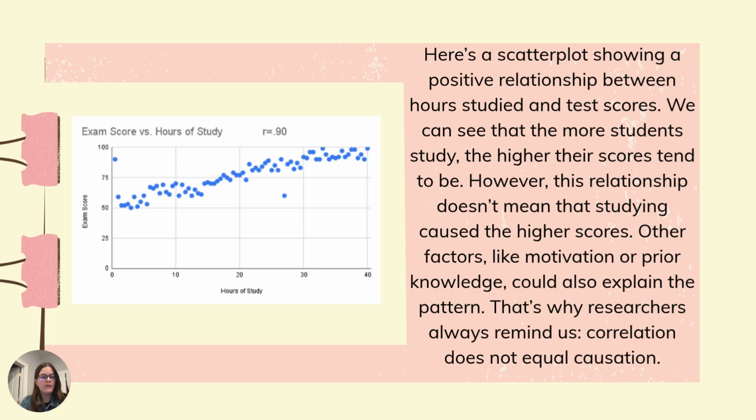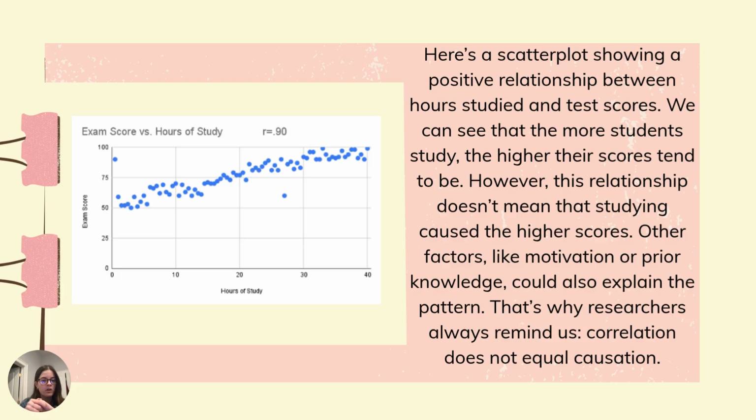So here I have a scatter plot of exam scores versus hours of study. Like I said in the last slide, we talked about the relationships. This has a positive slope, so this would mean a positive correlation. We can see that the more students study, the higher their scores tend to be.